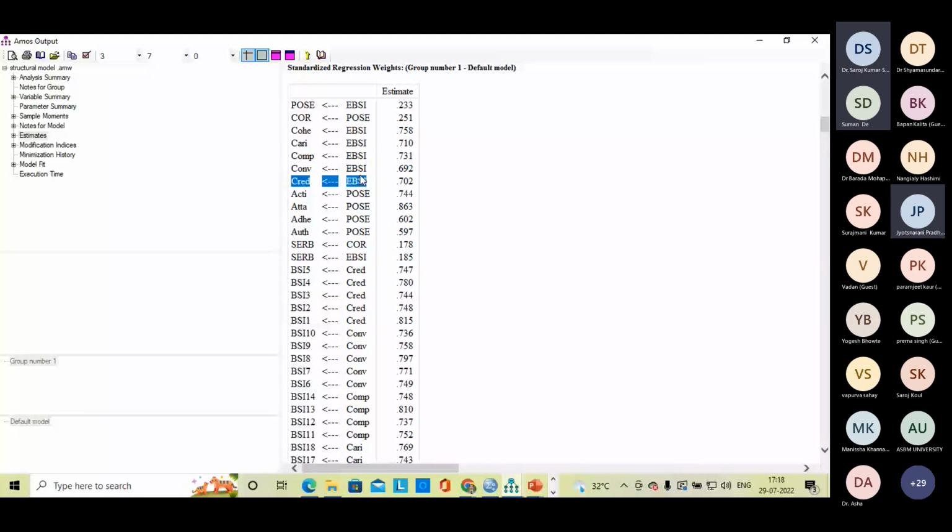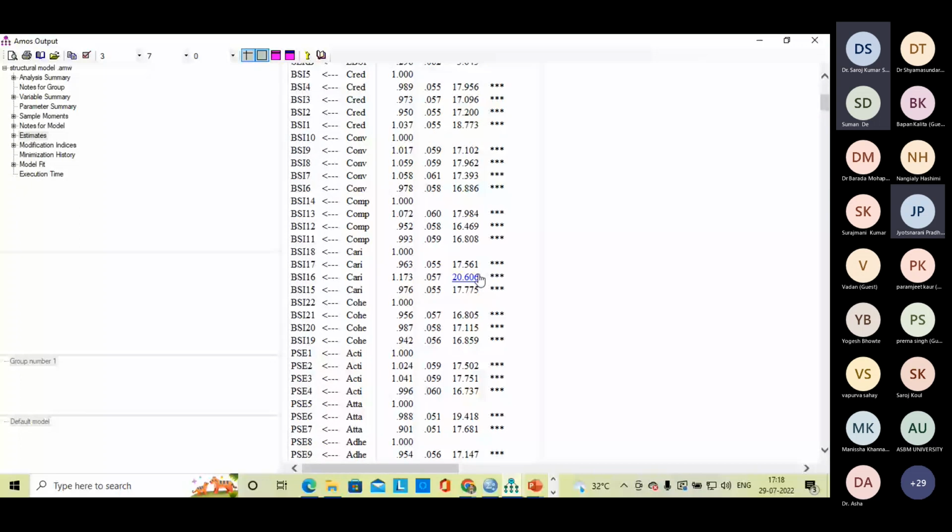EBSI: 1, 2, 3, 4, 5. So these five form the second order CFA for EBSI, that is, effectiveness of buyer-seller interaction. So these are all the significance values.